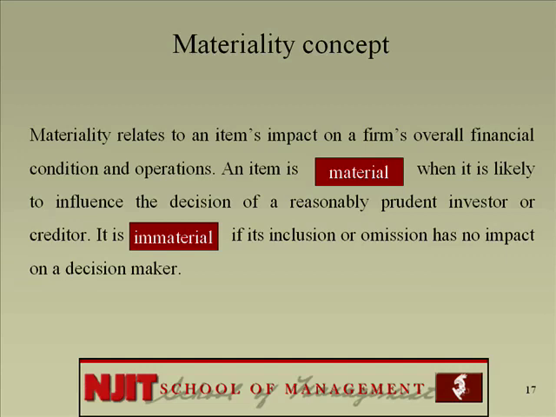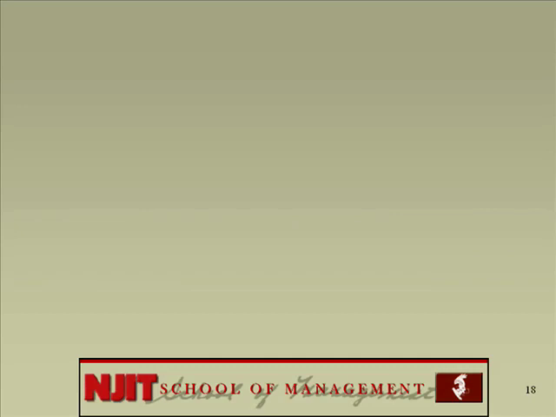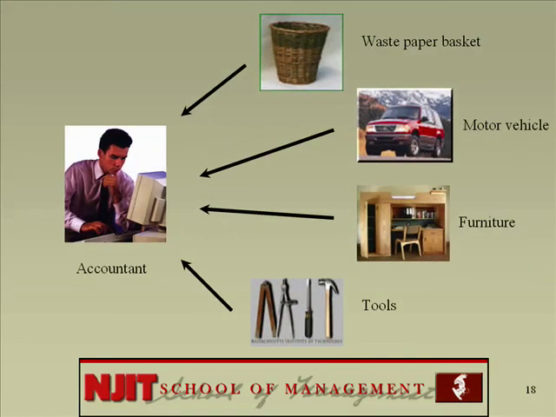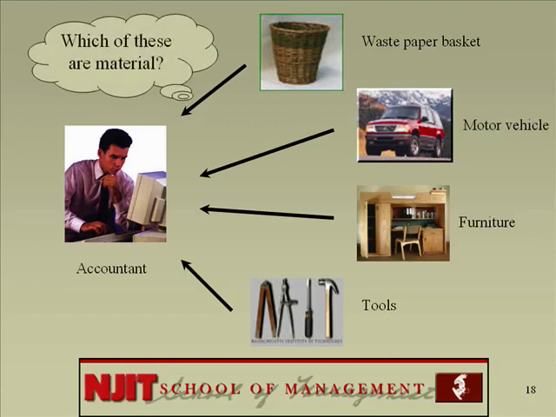Look at this for a minute. Here's an accountant, and he's got a couple of things to deal with: waste paper baskets, motor vehicle, furniture, tools. Which of these are material? Do you want to spend a few minutes thinking about it?